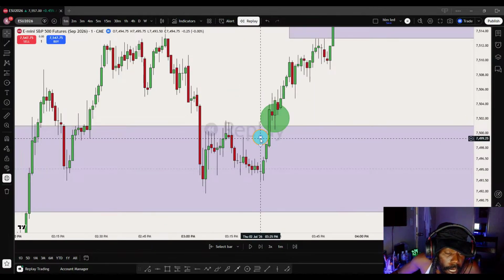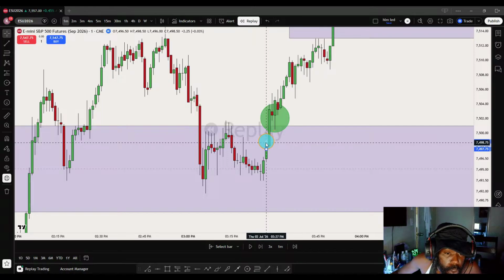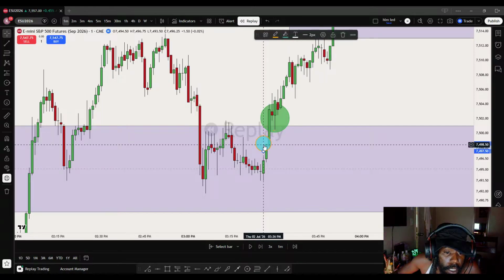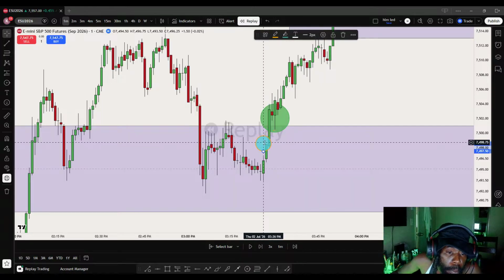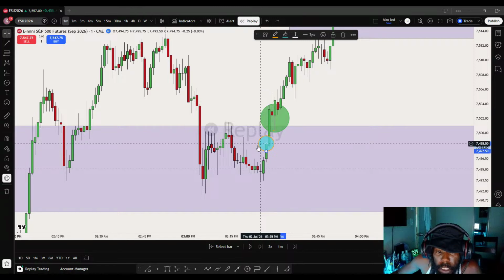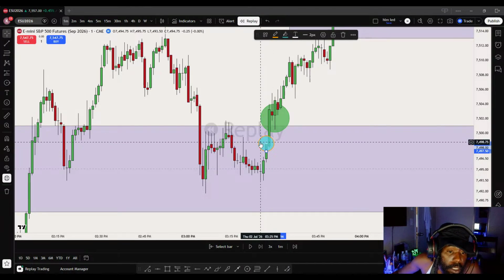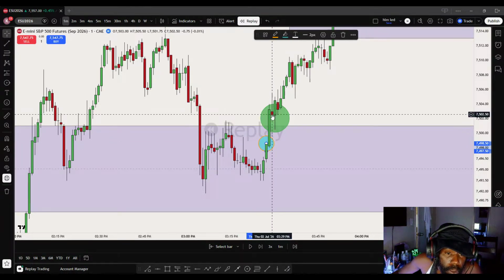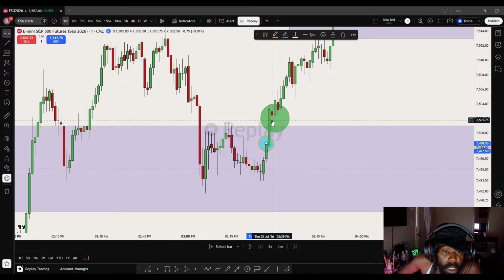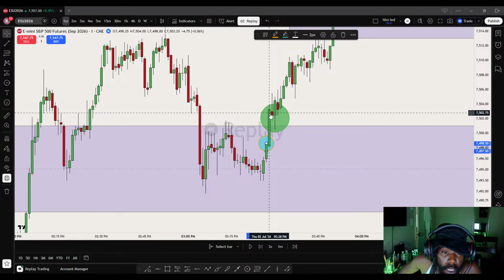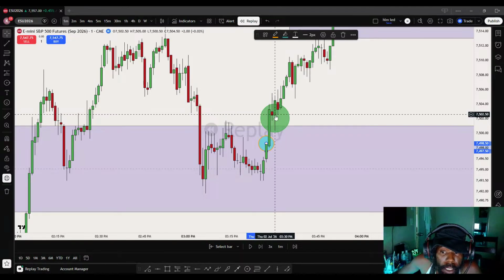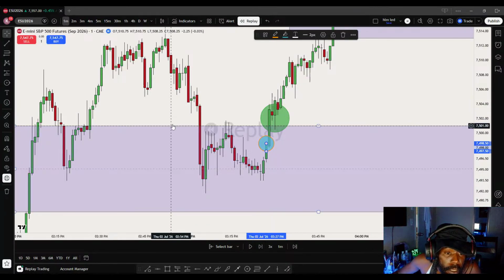So I drew these circles to show you where you would probably start. This blue circle is where you would probably start getting interested in taking a trade. This green circle is pretty much your entry. This is actually definitely your entry right here. And I'm gonna explain that in a minute.